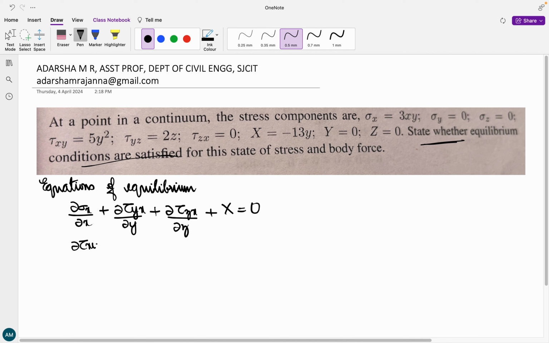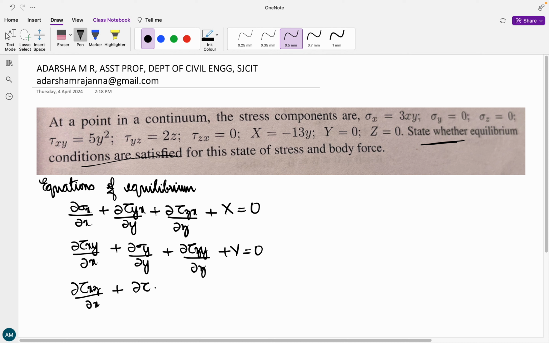Similarly, ∂tau xy/∂x plus ∂sigma y/∂y plus ∂tau zy/∂z plus body force component of y equals 0. Then ∂tau xz/∂x plus ∂tau yz/∂y plus ∂sigma z/∂z plus the body force component of z equals 0. So these are the equations of equilibrium.